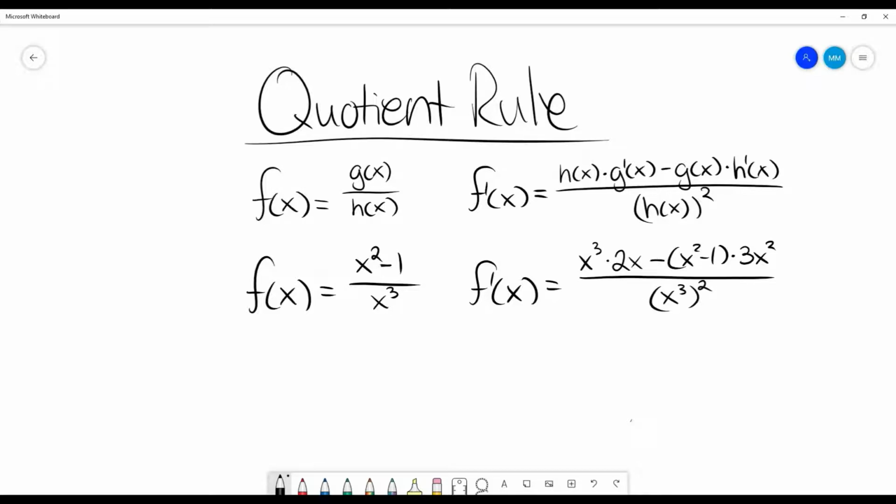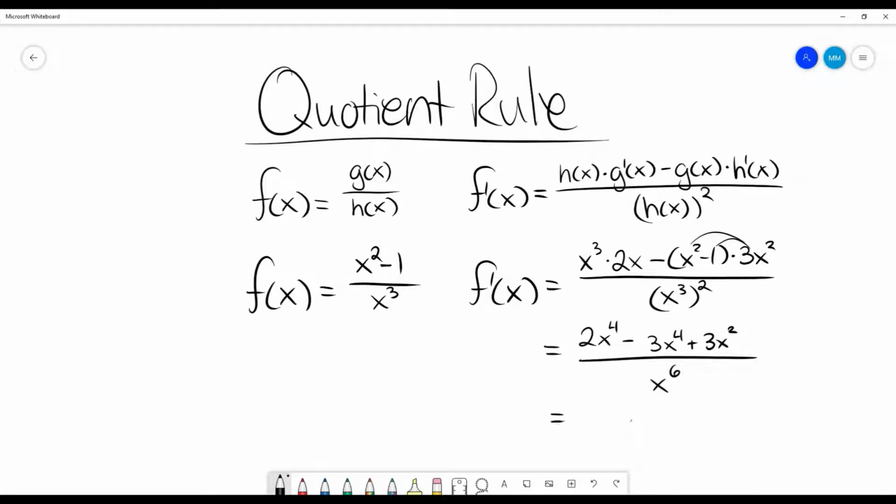So this times itself. And then we could distribute those out. So we'll get 2x to the 4th minus, let's see, that'd be 3x to the 4th plus 3x squared, all over x to the 6th.